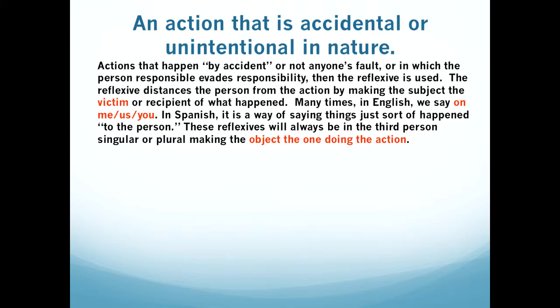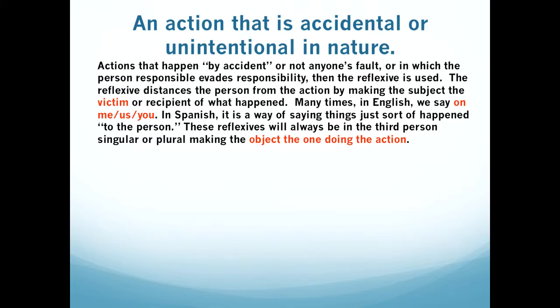Many times in English we use the words on me. The lights turned out on me. Or on us, on you. In Spanish, this form of the reflexive is a way of saying things just sort of happened to the person.